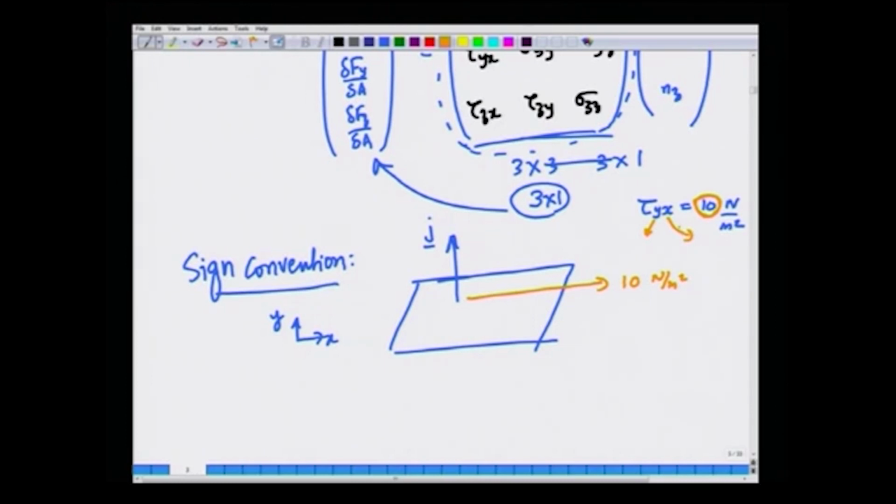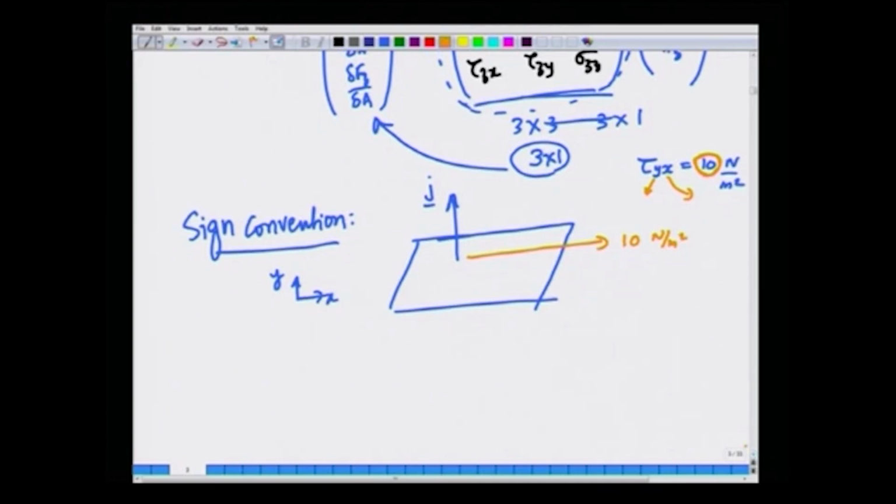Or it could also be the following: on the same surface at the same point you could consider a unit vector in the minus j direction. Each plane has two unit normals, one pointing in the outward direction, the other pointing in the inward direction.